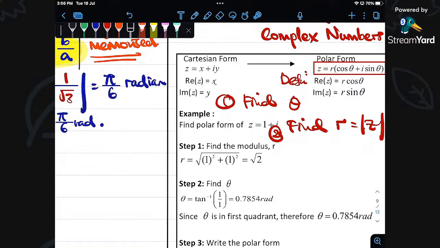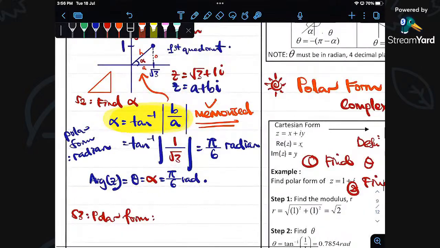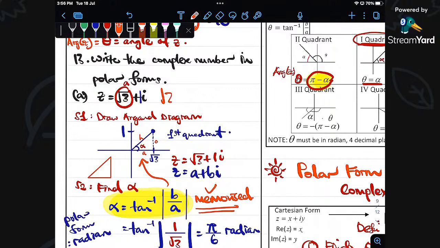So, cumanya tadi saya tertinggal step modulus. Modulus of Z iaitu square root of 3 plus 1 squared. It's gonna give you 2.